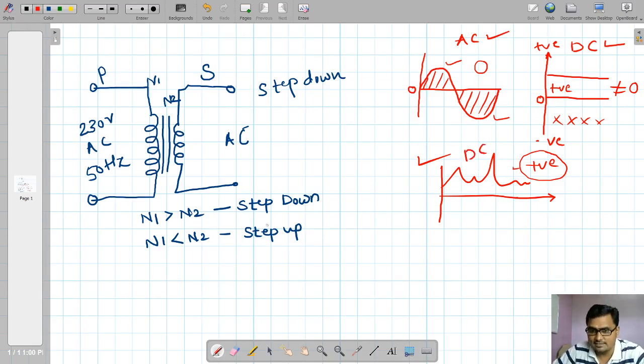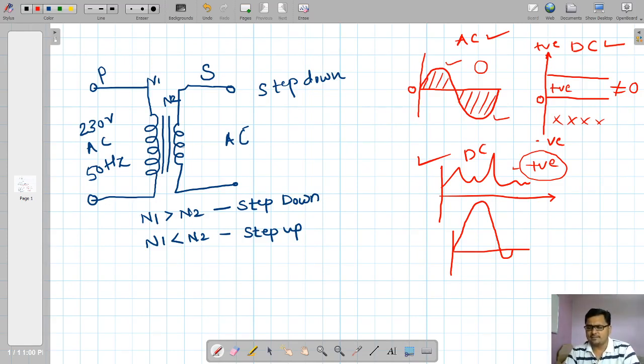Let me give you another example. Now here also, I have a large positive half cycle and a very small negative half cycle. Now can you judge whether the signal is AC or DC? Yes, find out the average value. We are not going to find the actual average value of the signal because it is just a sample random signal that I have drawn here.